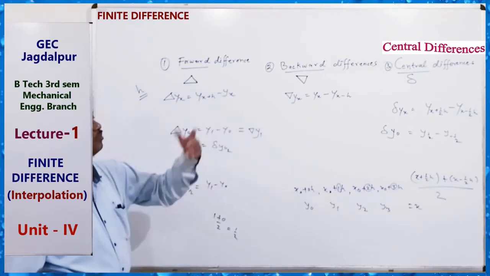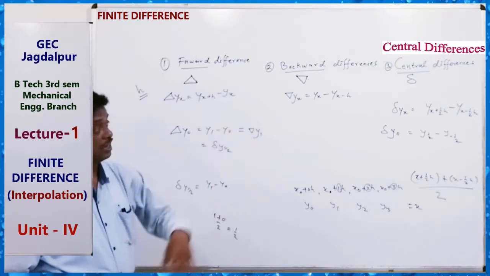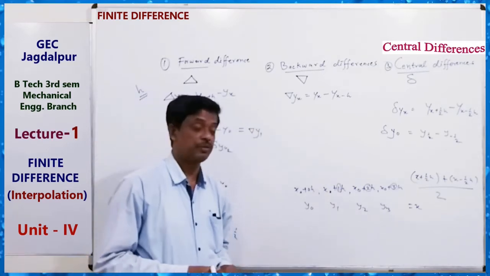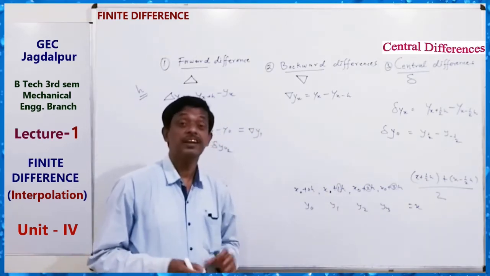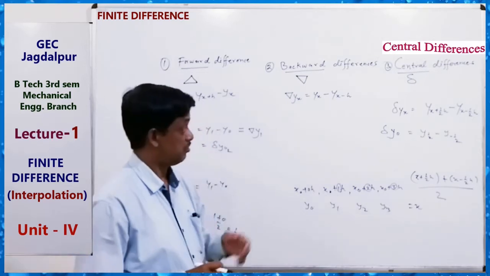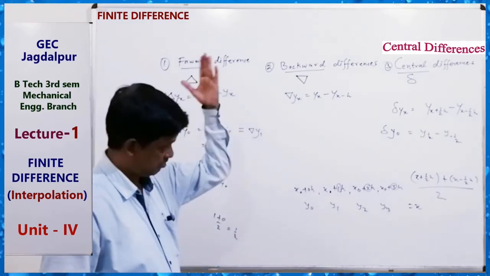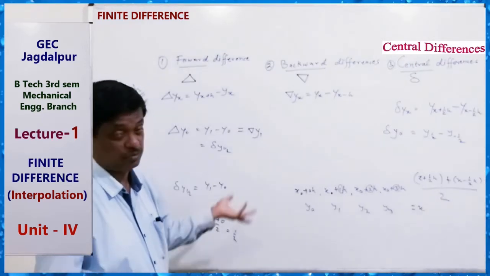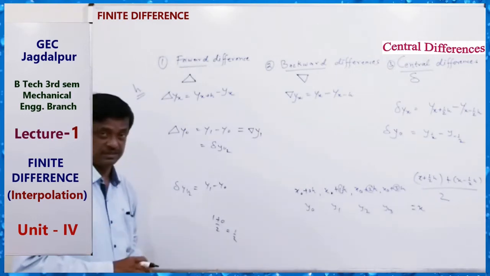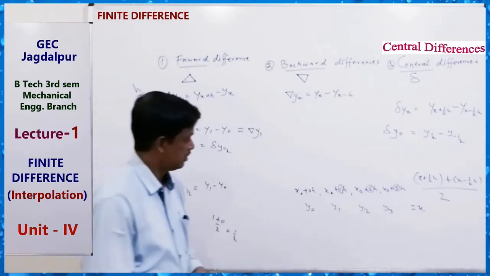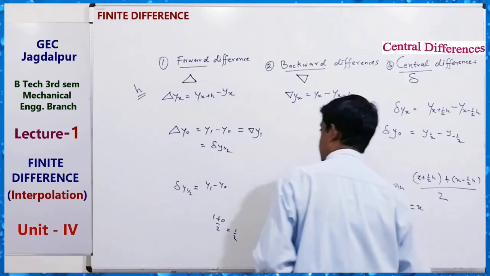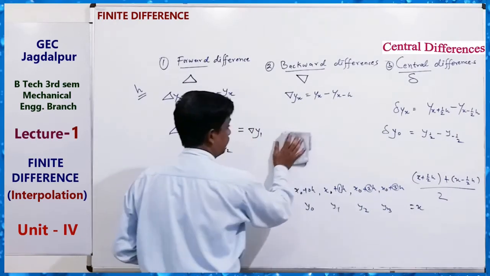For these three formulas, these three types of differences are useful for making formulas for interpolation, and those formulas are very, very important. Using the formulas we can interpolate the values of functions. Clear?